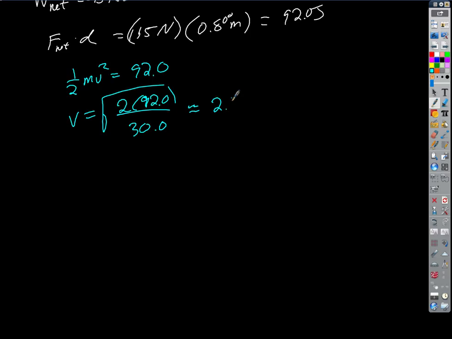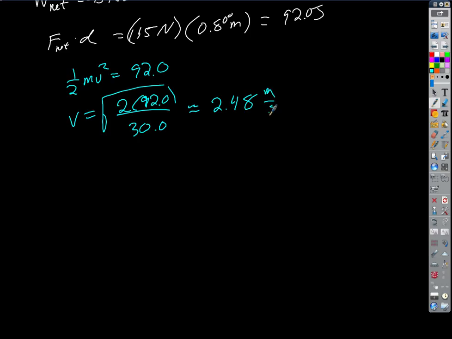You must have, because that's 2 times 92 divided by 30, and then square root it. I think 2.48 sounds good.